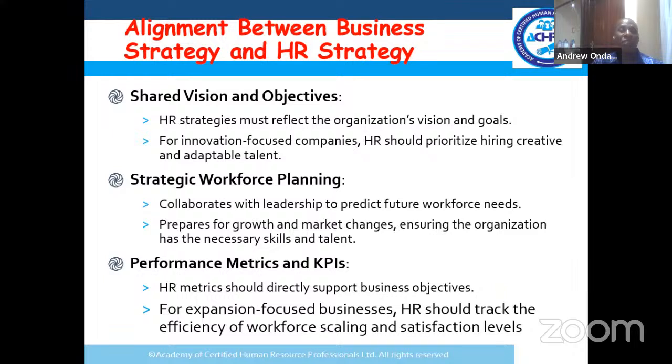So the question you ask yourself as a HR manager, how do you help this organization to achieve this global vision? Global. Which means that your strategies like talent acquisition, training and development, compensation must be geared towards this vision. For example, we take training. For you to be that global leader, you must train your employees so as to achieve that global vision.